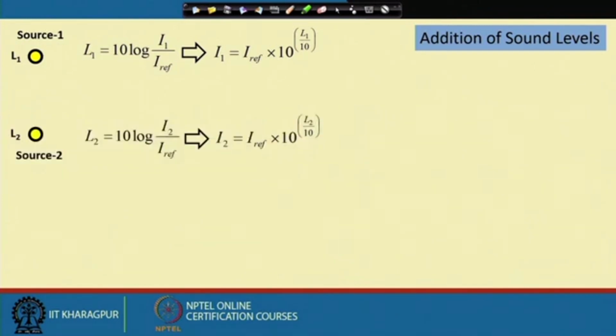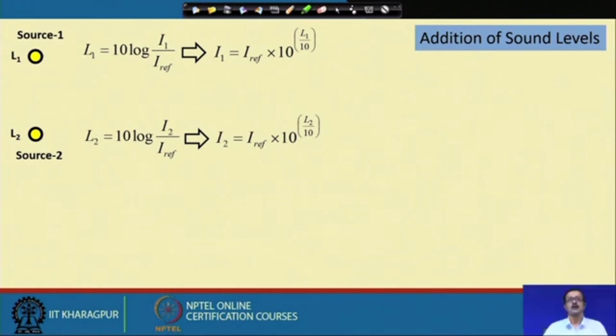And there is sound source 2, which has a level L2, and that similarly gives I2 equal to I reference into 10 to the power L2 by 10. These sound intensities can be added arithmetically, not the sound levels; the decibels cannot be added arithmetically.